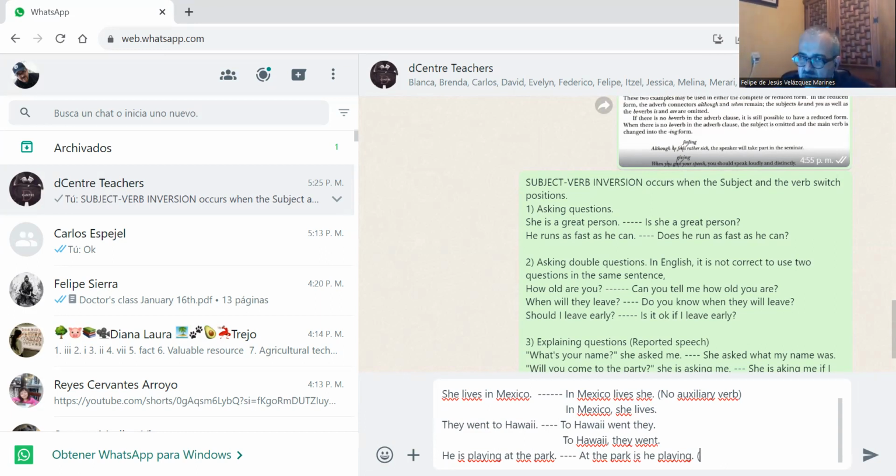It's just a structure of a question. What is the problem in English? In English, we use the structure of questions not only to ask questions, but also to express emphasis. So he's playing at the park. I am informing. But if I want to be more formal or I want to be focused on the park, I say at the park is he playing? Or I use at the park, comma, he is playing. And that's all. So there is an auxiliary.